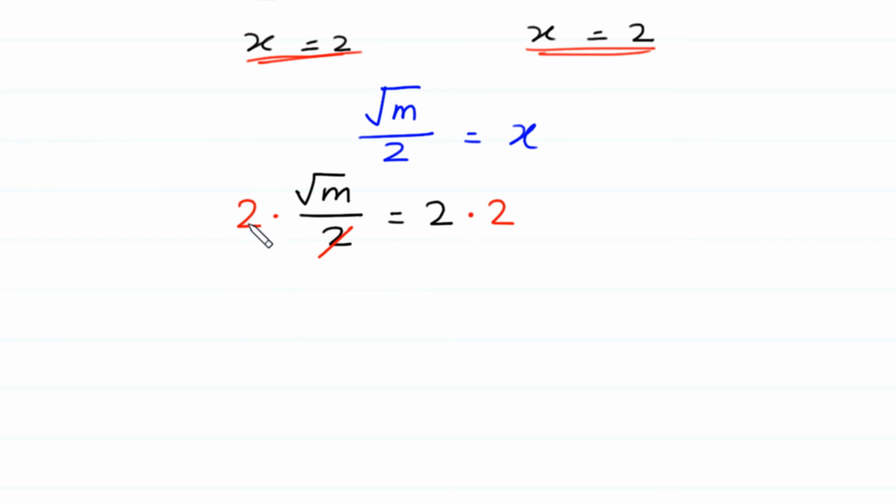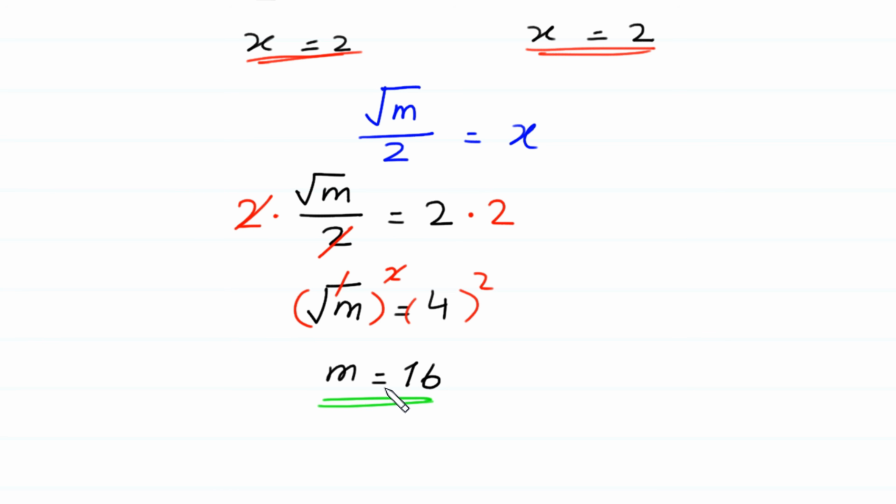This 2 will be cancelled with this 2, and square root of m is equal to 2 times 2, 4, and we take a square of both sides. This square will be cancelled with this square root, and we get the value of m is equal to square of 4 is 16. So this is the final answer, value of m 16.